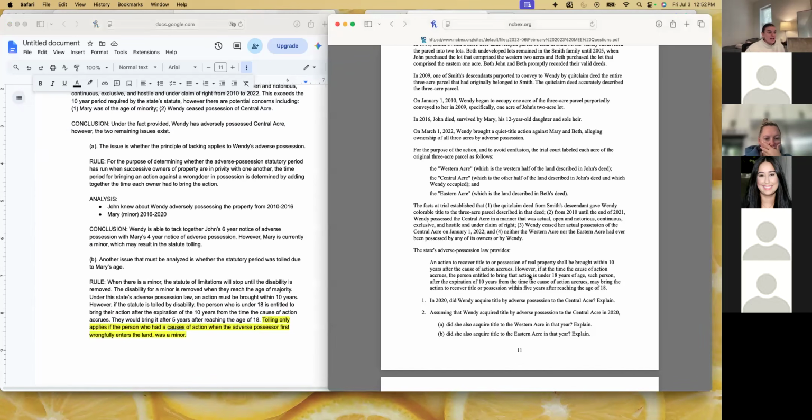Anytime they say the state's adverse possession law provides that, or the state's homicide or the state's whatever, that is only the state that they are referring to. You most often see this in crim law, crim pro, and I think some con law too, because they're going to ask you whether it's a statute or state constitutional. Yeah.